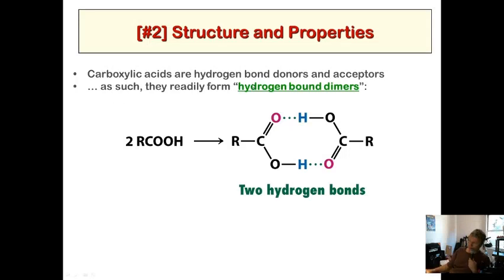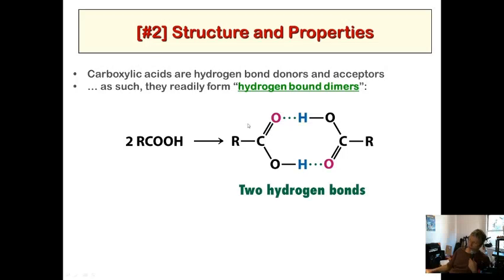Carboxylic acids often form these dimers, and they are hydrogen bond donors and acceptors. So two carboxylic acids can form this sort of complex. The C double bond O of one talks to an OH on the other, and then the OH on one talks to the C double bond O on the other. And so they form these dimers, and that increases the boiling point.